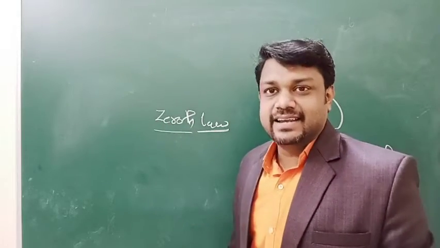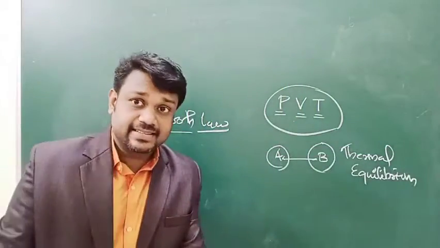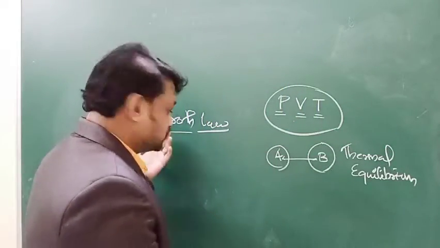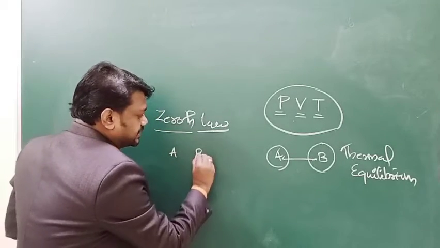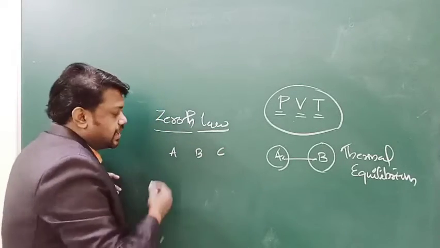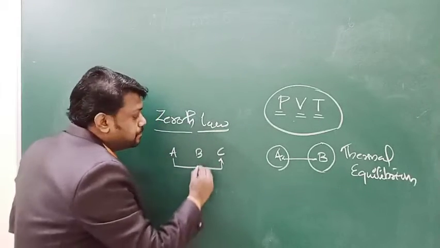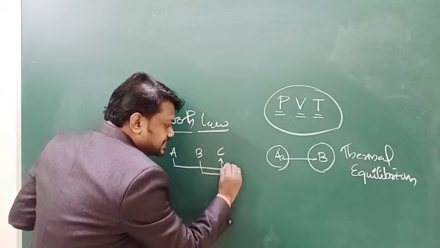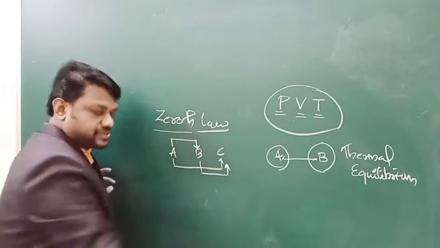Zeroth law says that if three systems are there, first I will define the zeroth law, then I will come to its name. If three systems A, B, C are there, A is in thermal equilibrium with C, and B is in thermal equilibrium with C, then A and B are at the same temperature.